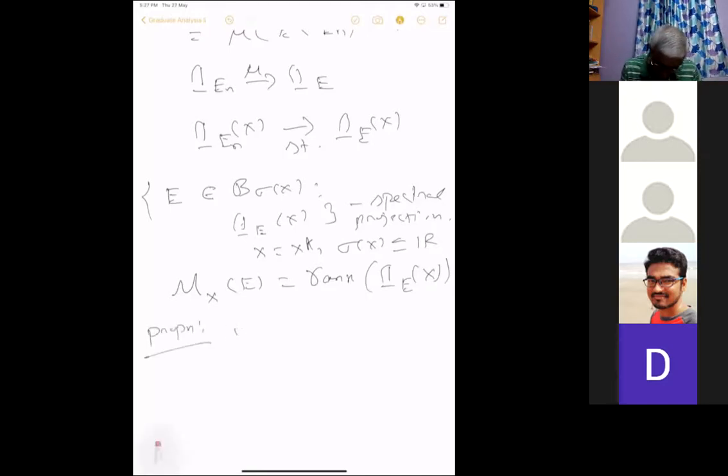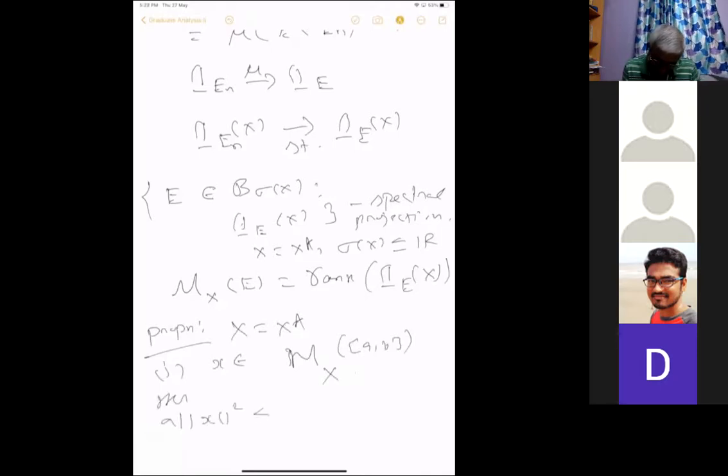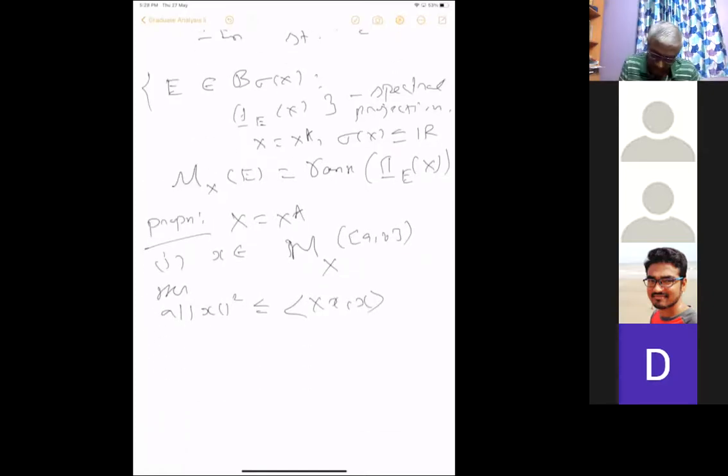All these things are for a self-adjoint operator, X equals X star. Now the first statement is, if x is in M_X of the closed interval [a,b], then a times the norm of x squared is less than or equal to the inner product of Xx with x, which is less than or equal to b times the norm of x squared.